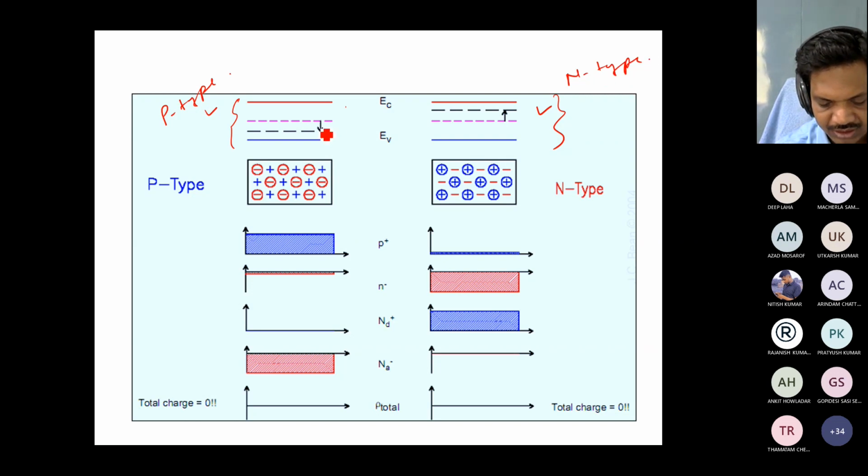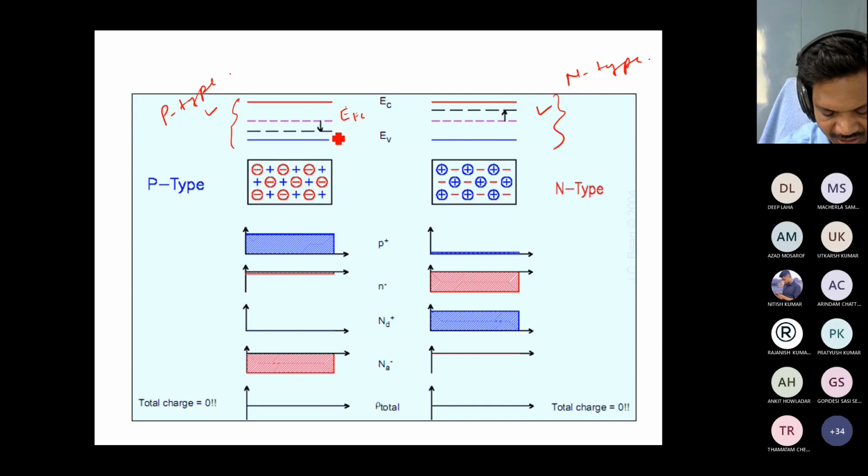How could you recognize that it is for p-type and n-type? The Fermi energy level, and that after the doping. This pink dotted line represents the Fermi energy for the intrinsic semiconductor, right?